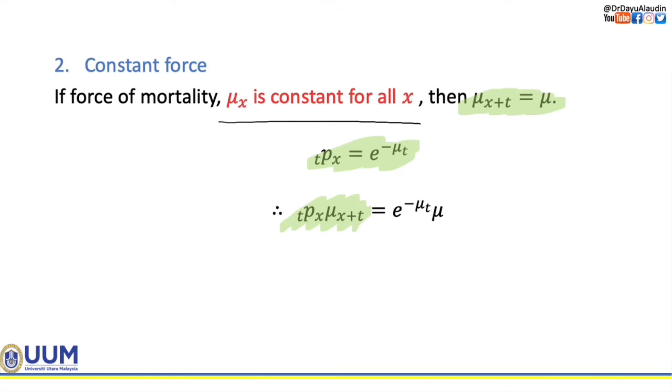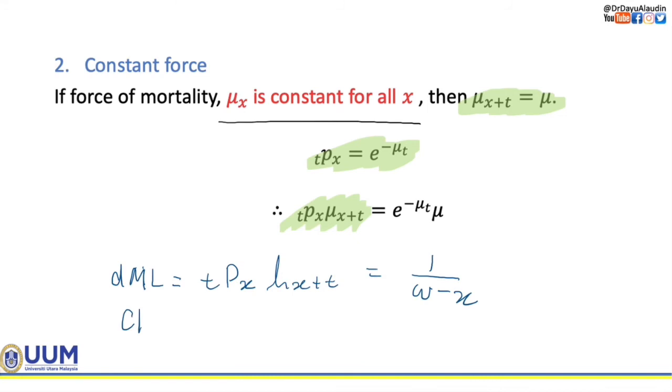So we have two laws for TPX mu x plus t. De Moivre's law: TPX mu x plus t is equal to 1 over omega minus x. And for constant force, TPX mu x plus t is equal to e negative mu t times mu.